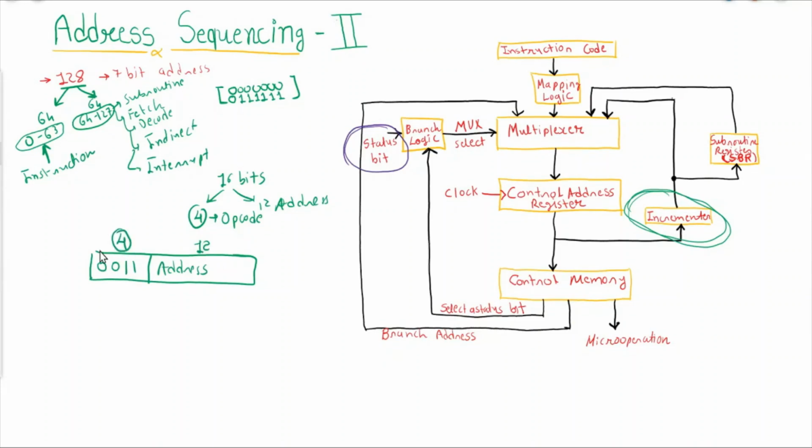Okay, so this will be directly converted into control memory address in this way. First bit will be always 0, this 4 bit will be as it is, and remaining 2 bit. Okay, now this is really interesting. So what is meaning of this?